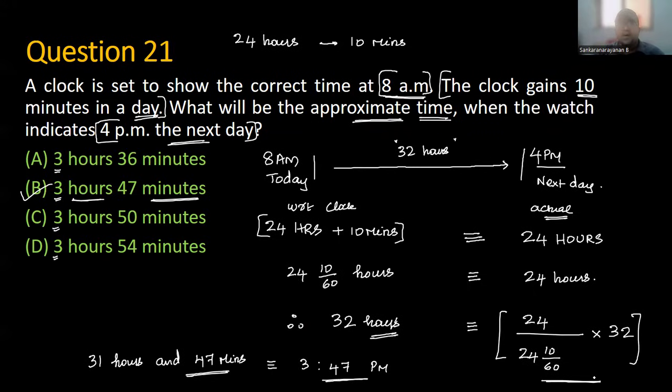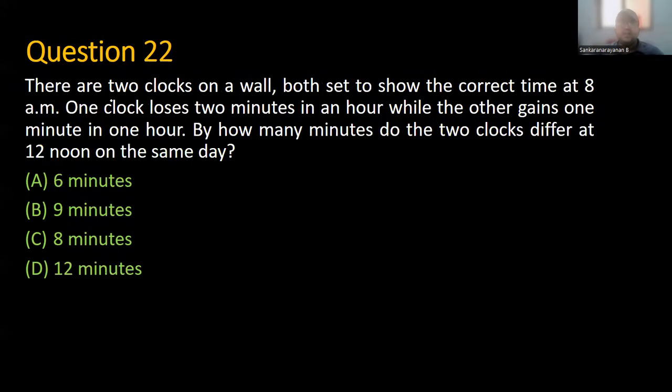Okay. Now let's consider the next question. There are two clocks on a wall. They are both set to show the correct time at 8 a.m. One clock loses 2 minutes in 1 hour, while the other gains 1 minute in 1 hour. So you can see that one is going 2 steps backwards, but the other is gaining 1 step forward.